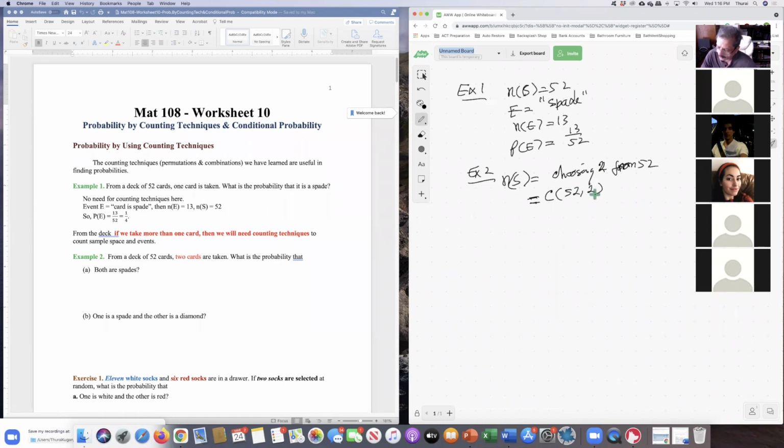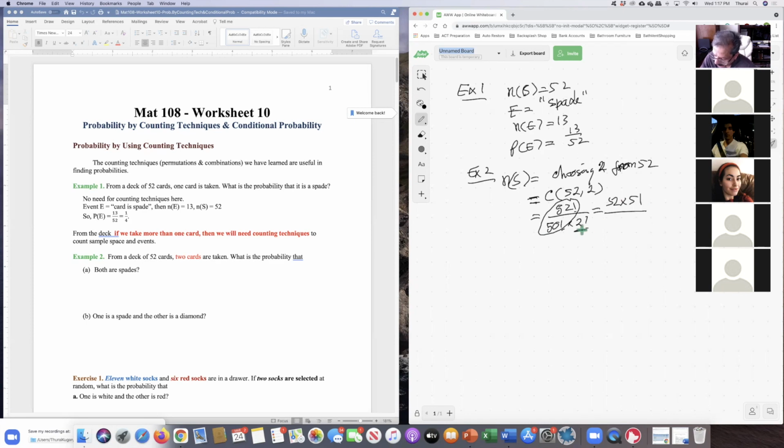So that's the count of the sample space, the number of ways of choosing 2 cards. That simplifies to factorial 52 divided by 50 factorial times 2 factorial, since 52 minus 2 is 50. This part simplifies to 52 times 51, because everything after that cancels with the 50 factorial.